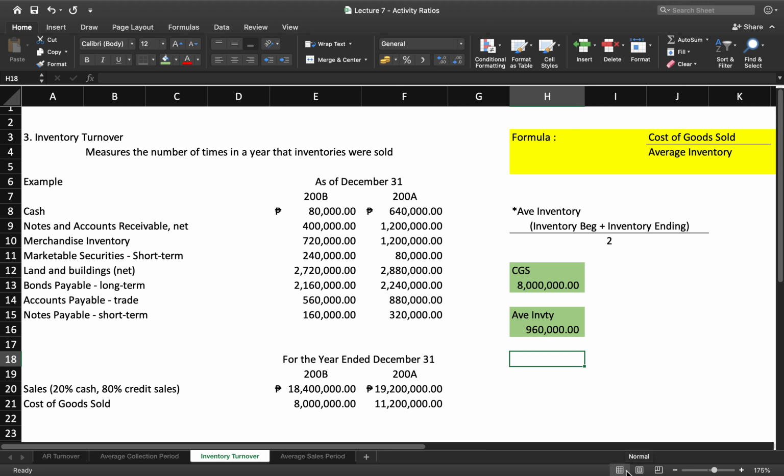So, cost of goods sold divided by average inventory. So, 8.33 times. Okay. So, yun ang ating inventory turnover. So, this is our final answer. So, sure na.